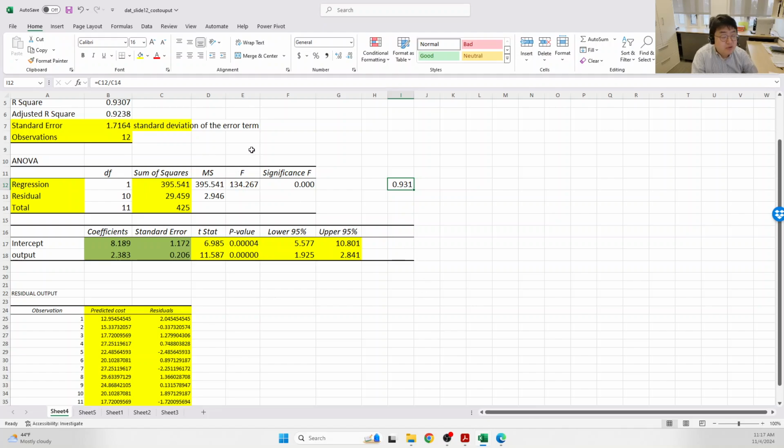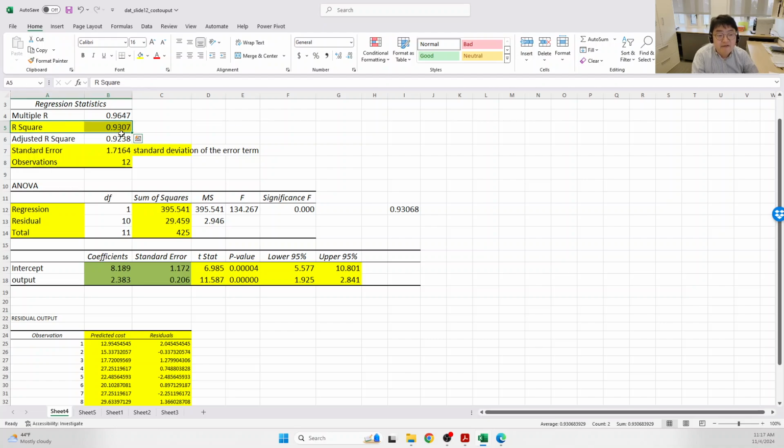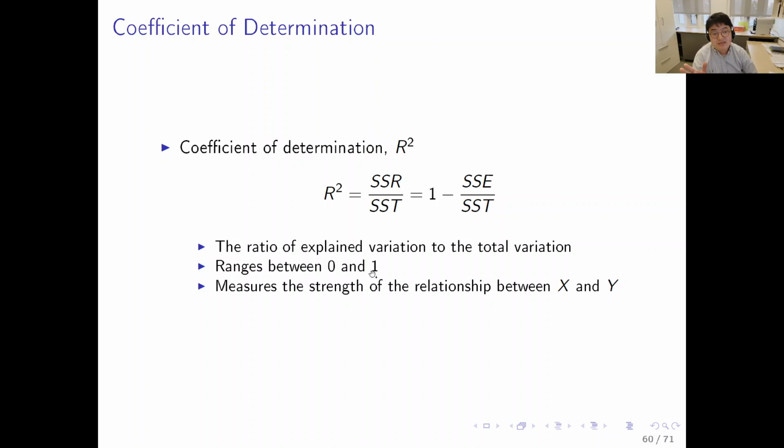About 93% of the variation is explained by the regression, and that is this number, R square. R square is the ratio of the explained part out of the total variation, right?